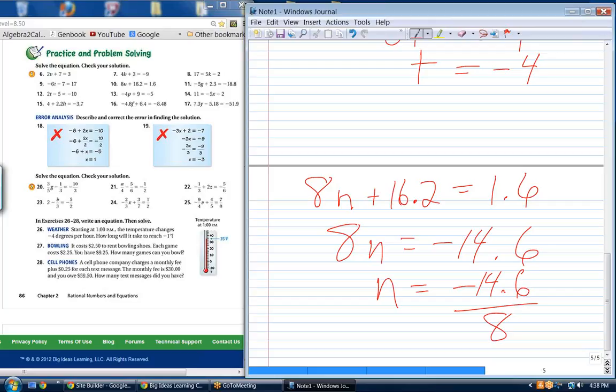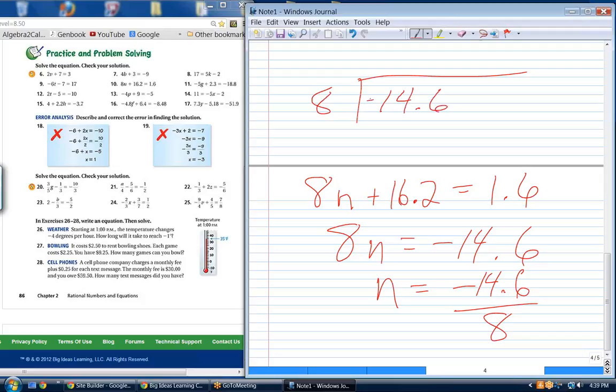I'm pretty sure she doesn't like decimals and fractions mixed together. So we need to do this long division. I'll put the negative sign in there, but I'm going to ignore it other than knowing the answer is going to be negative.